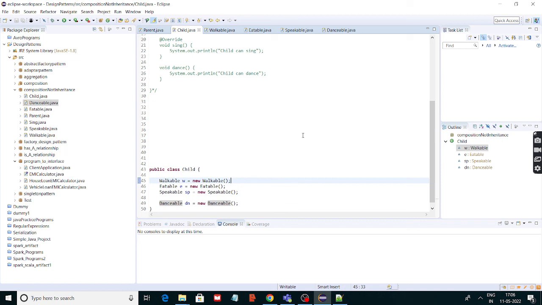So that's why the second principle, composition over inheritance, is so important, and it is very much needed in almost all of our applications and in any of the design patterns. So this is all about the principle of composition over inheritance.